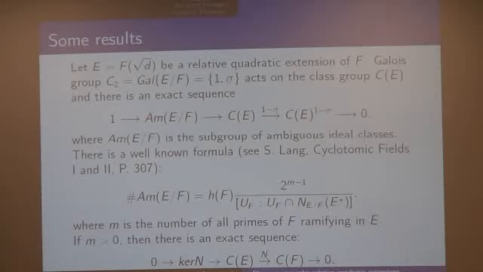There is the Chevalley formula; we can see it in such cyclotomic fields. The ambiguous class number equals h_F times this formula, where m is the number of all primes of F ramified in E. There is an exact sequence, and we use this exact sequence in this paper.